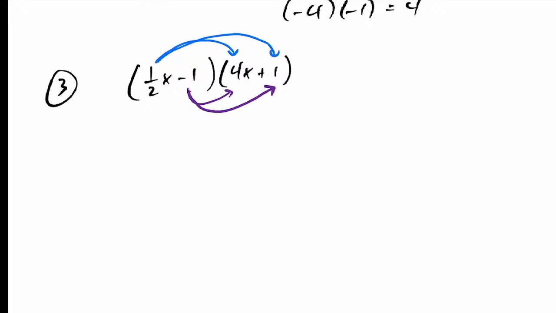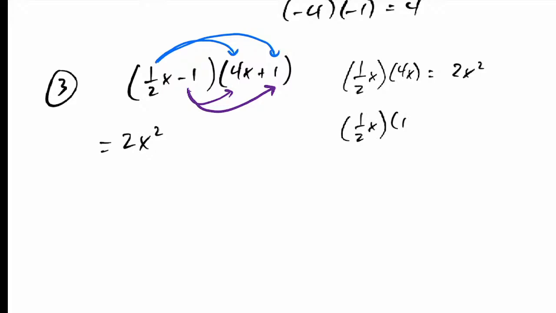Okay, so if you want to expand this out, you're going to go ahead and do 1/2 x times 4x. Okay, you'll have to wait now. So for this one here, if I expand this out, 1/2 x times 4x is going to give me 2x squared. So this becomes 2x squared. Then we have 1/2 x times 1 is 1/2 x.